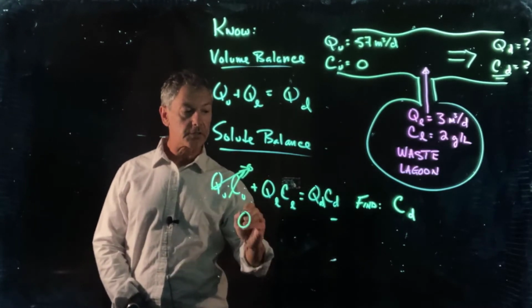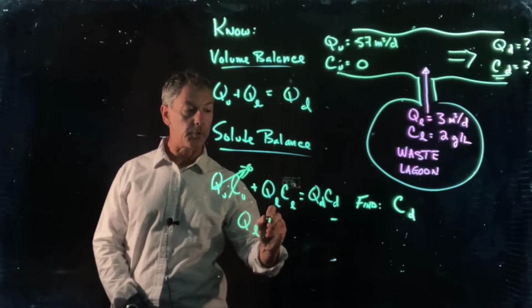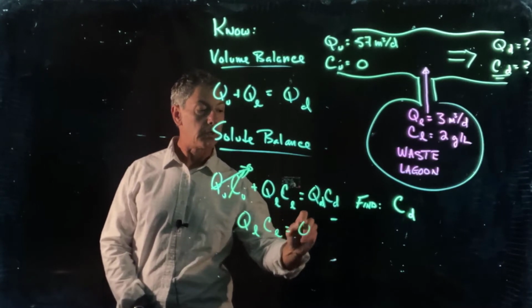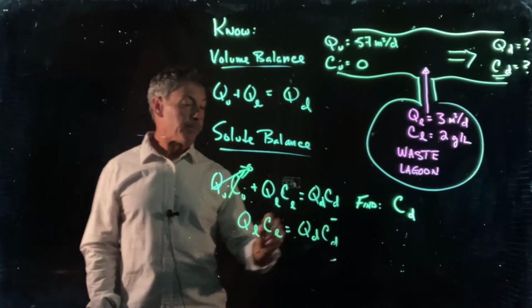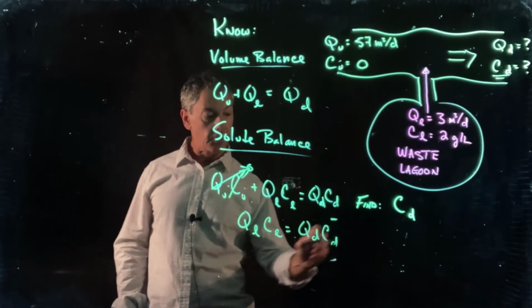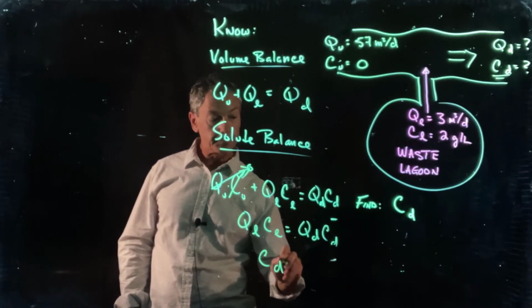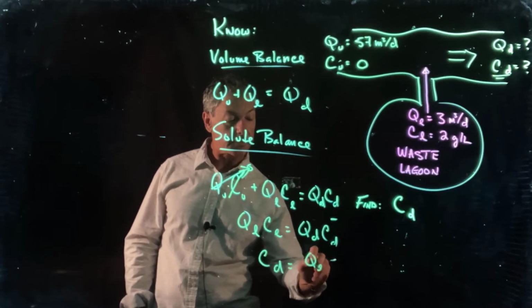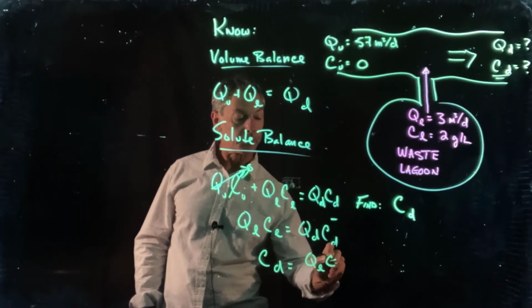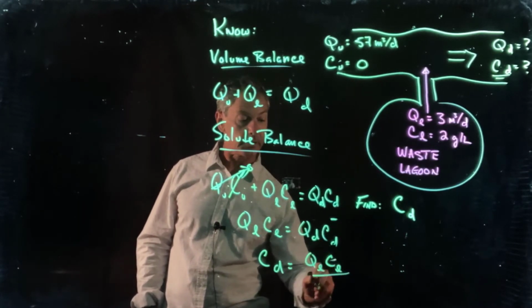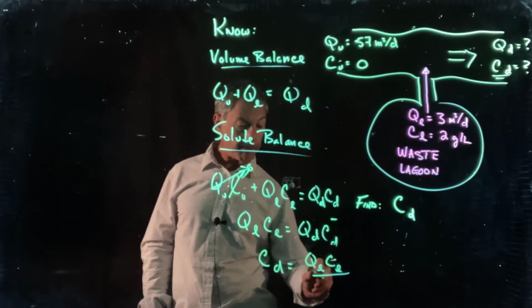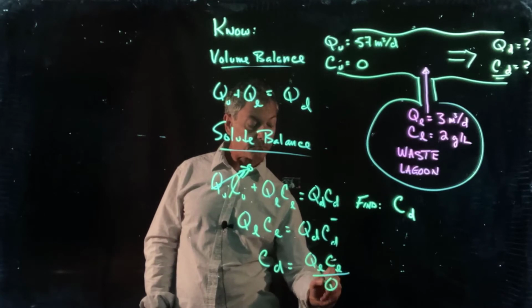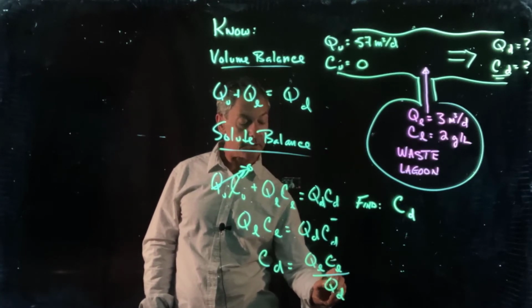And so our solute balance is actually quite simple. So our concentration downstream is the concentration in the lagoon times the flow rate from the lagoon, divided by the flow rate downstream.